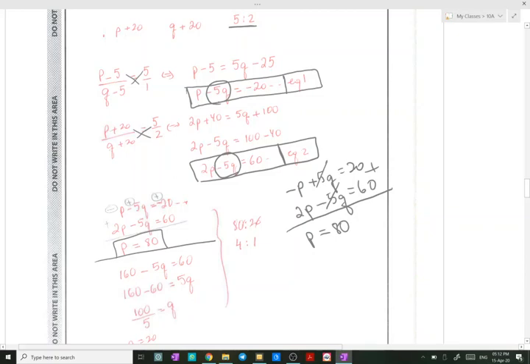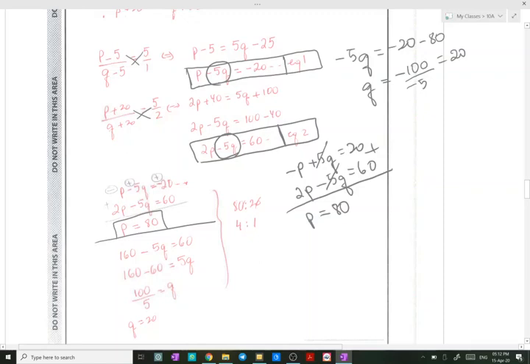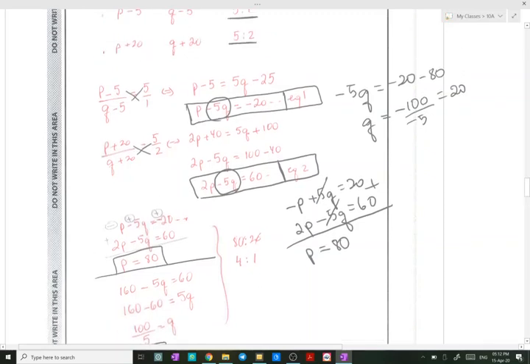So we have minus 5Q equals minus 20 minus P, and P is 80. So Q is equal to minus 100 over minus 5, so it's equal to 20. So Q is equal to 20.